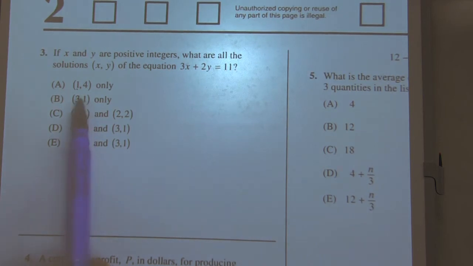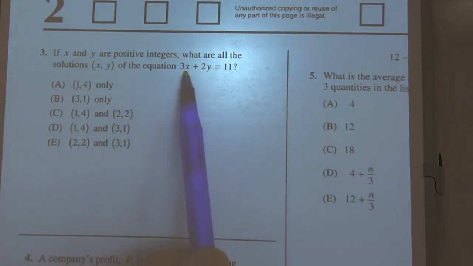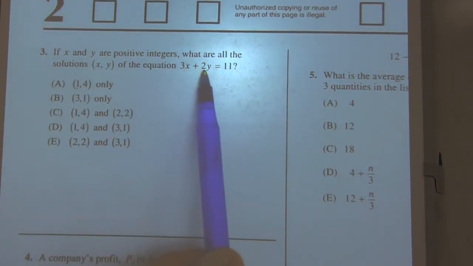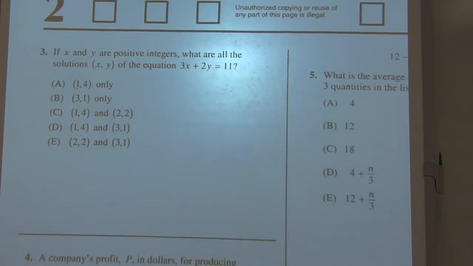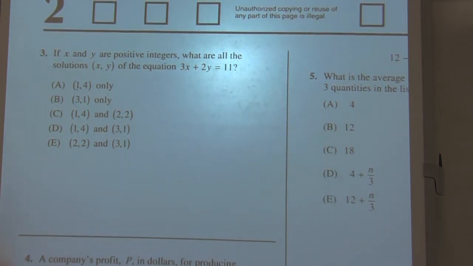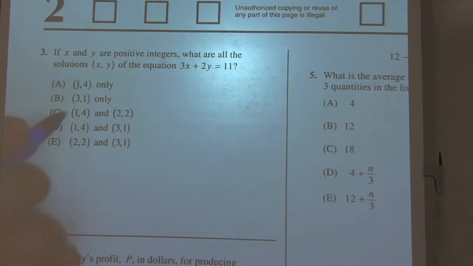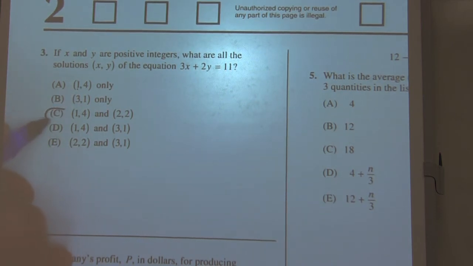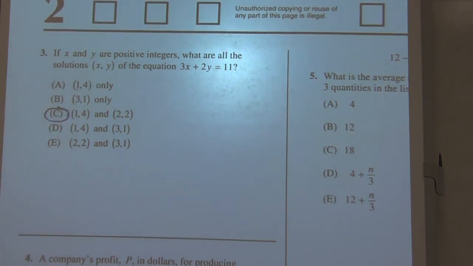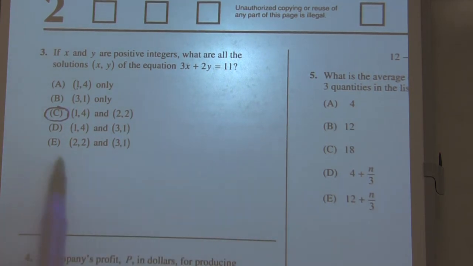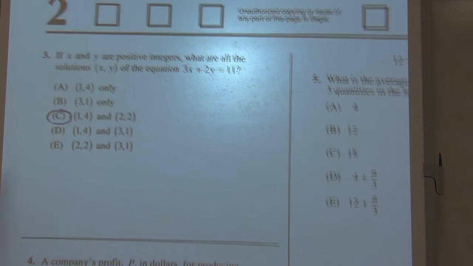Does 3, 1 work? 3 times 3 is 9, 2 times 1 is 2, 9 plus 2 equals 11, that one works. You'll find by plugging them in, these two work, and these are the only two that are integers that work, so it's choice C. 2, 2 doesn't work, so the only ones that work are choice C.